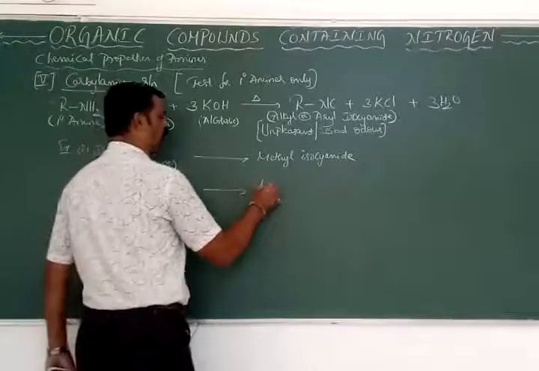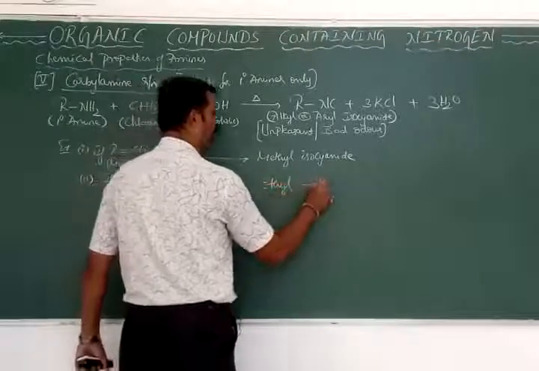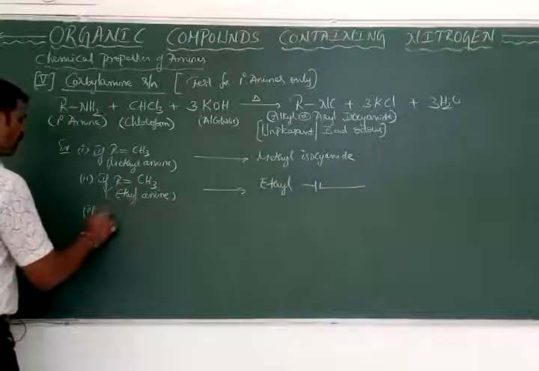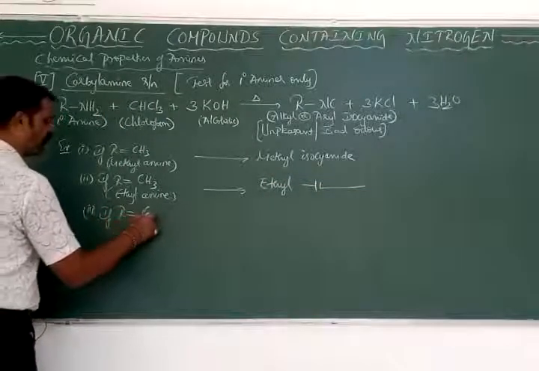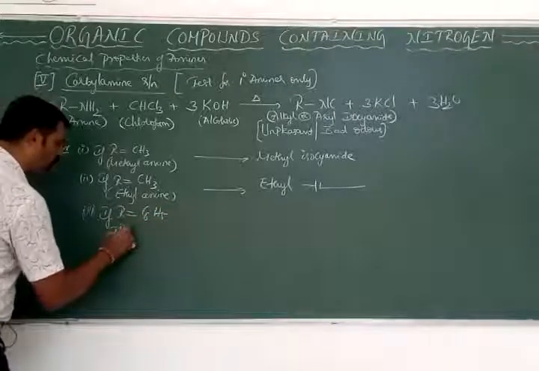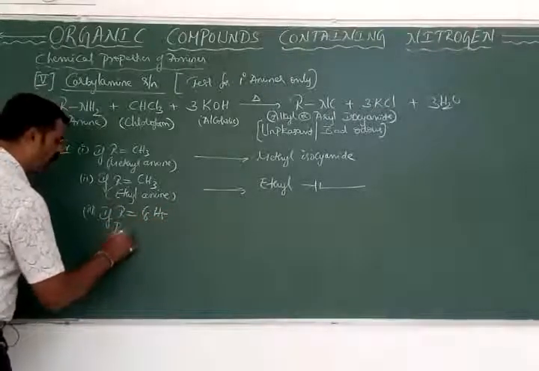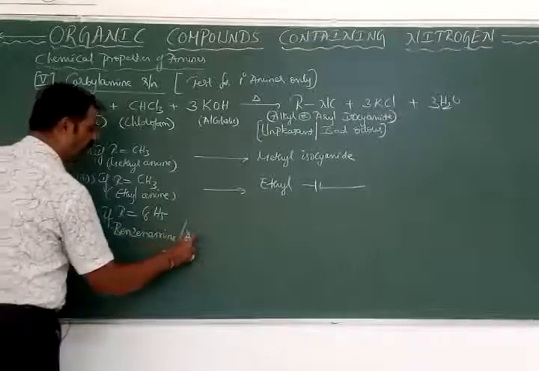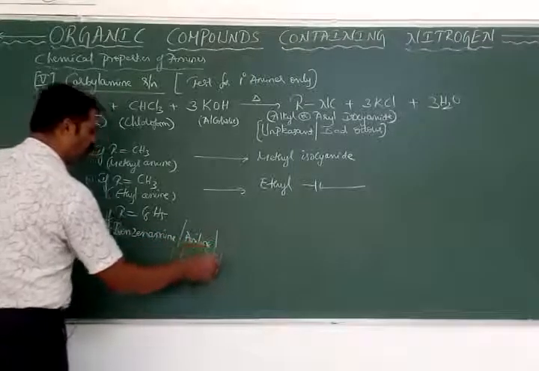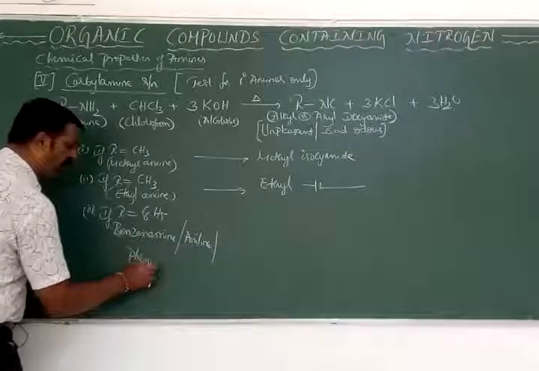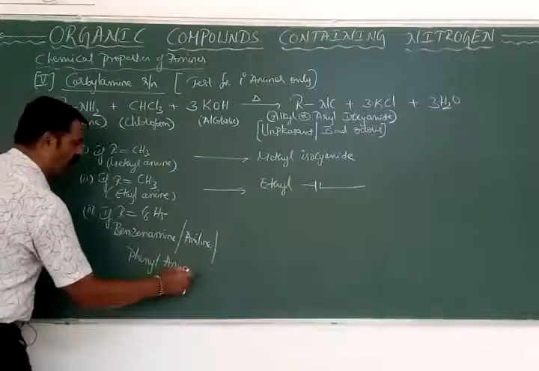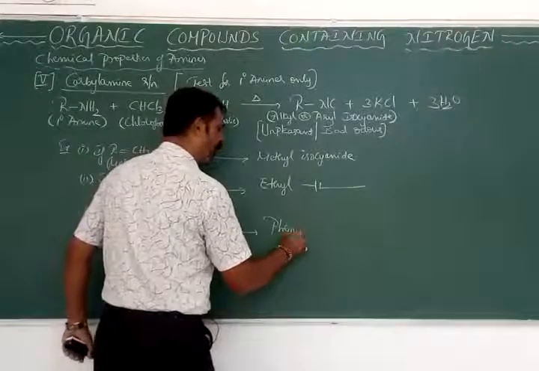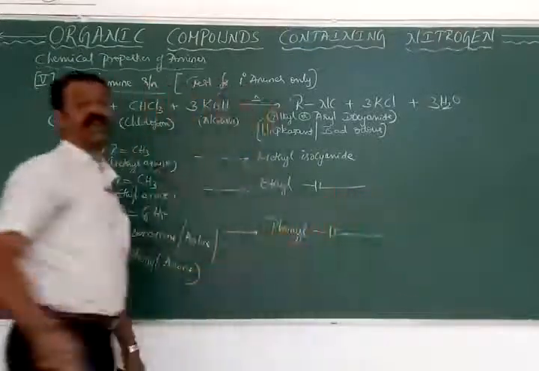The product obtained is going to be ethyl isocyanide. Suppose R is equal to C6H5 that I have chosen, it is called aniline, benzenamine, or it is also called by another name. What is that called? Phenylamine. The product that has been formed is phenyl isocyanide.